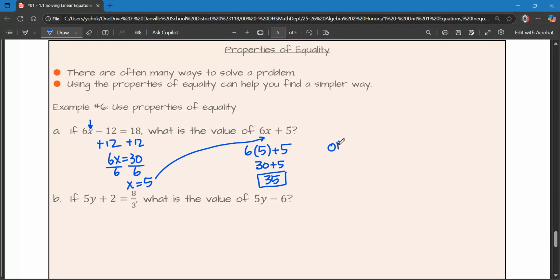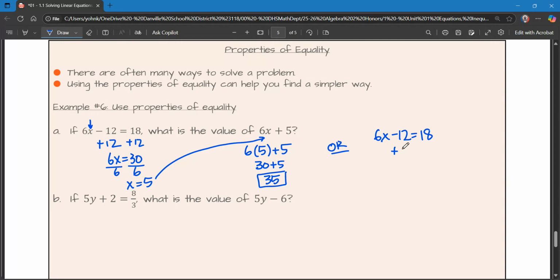Option 2. I'm going to rewrite the original problem, 6x minus 12 equals 18. Now my goal is to have 6x plus 5, and right now I have 6x minus 12. So think about what you could add to negative 12 to get 5.